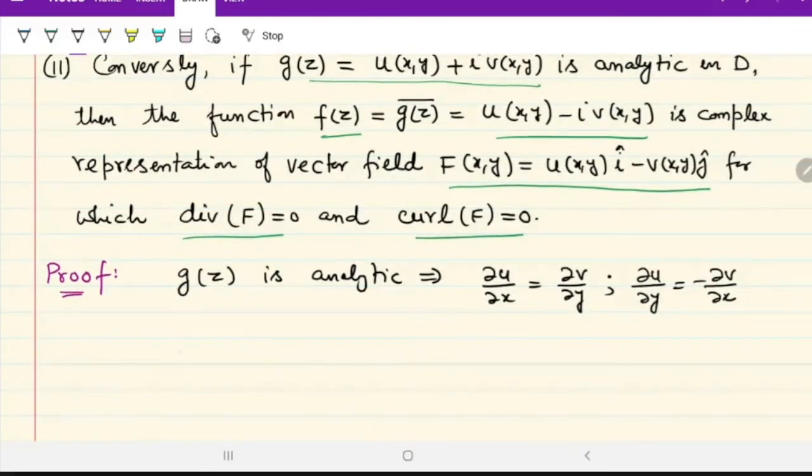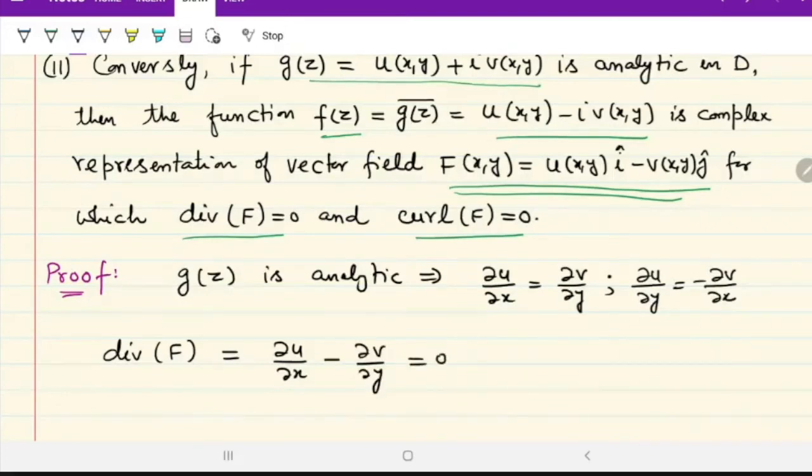Now we want to show that the divergence of F and the curl of F are 0, where F is given by U i cap minus V j cap. So let's compute the divergence of F first. Divergence is going to be del U over del X minus del V over del Y, which is 0 from this equation.